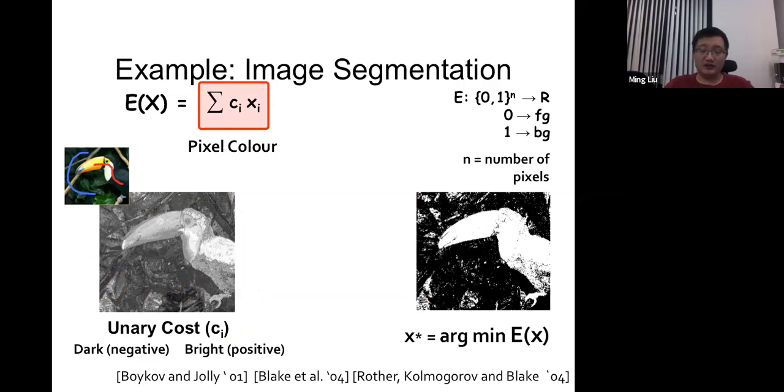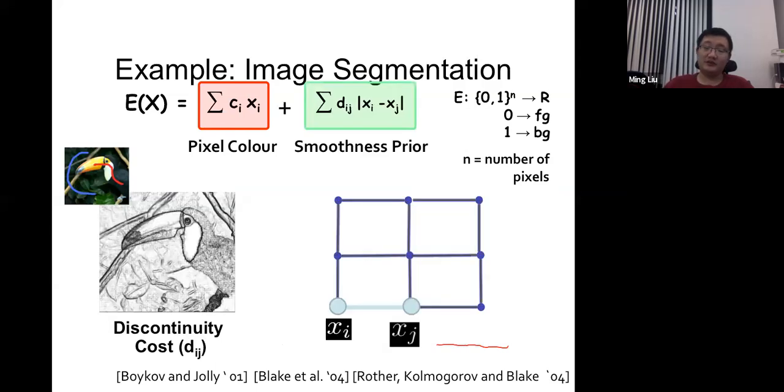If you take the arg minimum of this energy function, we can already get the one on the right by looking at only the pixel column. But that's not enough. We want to look at the correlation between the pixels, xi and xj.